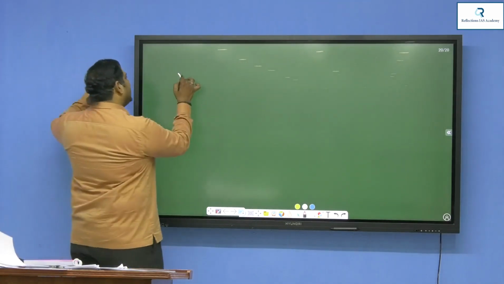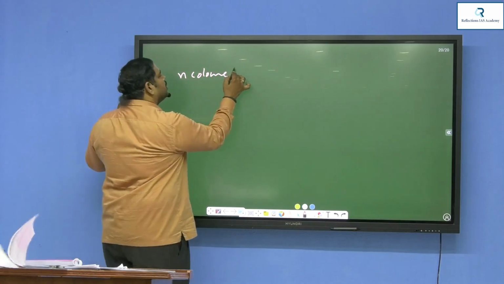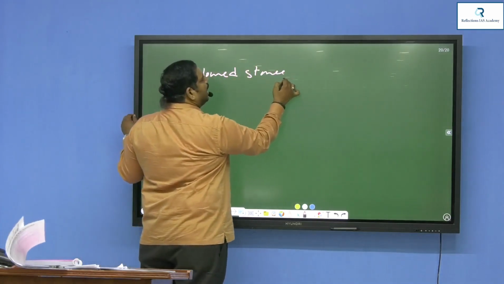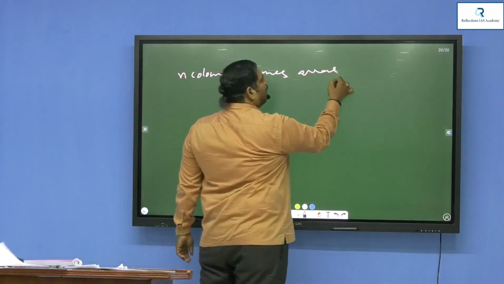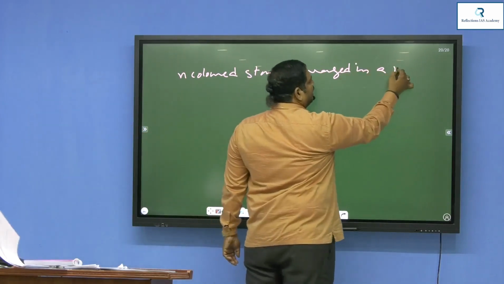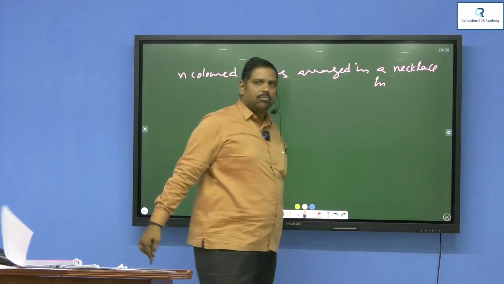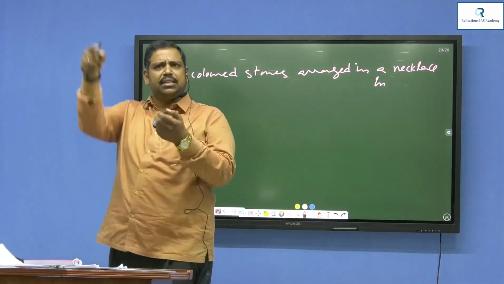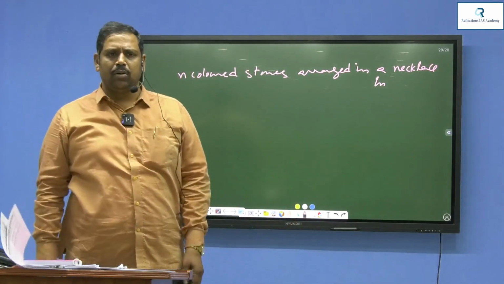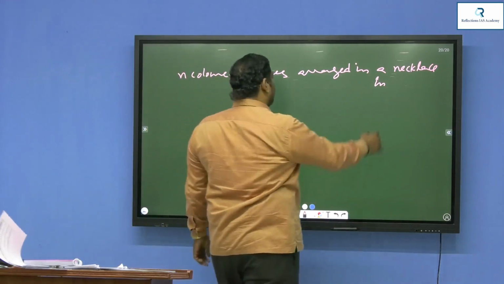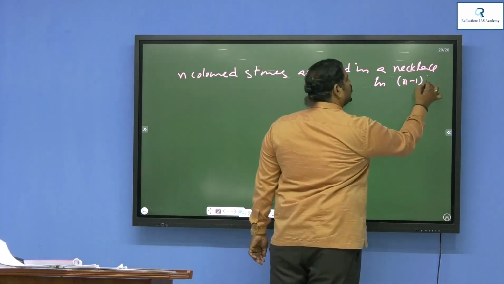N colored stones can be arranged in a necklace. Necklace means it is a linear one or a circular one? Say it loudly. Okay, so (n minus 1) factorial, yes or no?